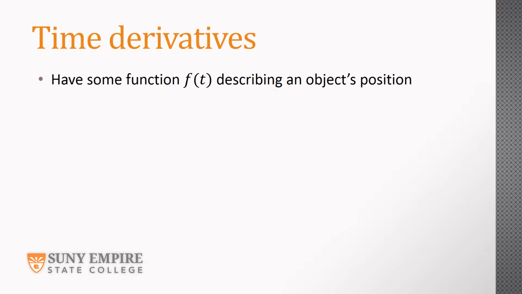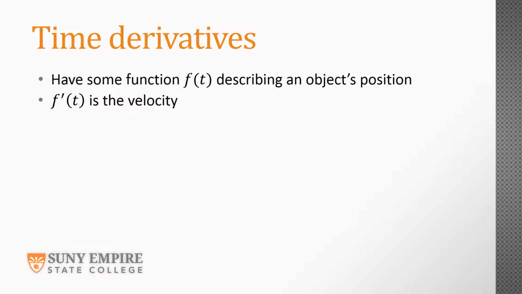In the previous resource, one of the topics we discussed was higher-order derivatives, specifically the second derivative. In the real world, these derivatives are correlated to movement of objects. Consider some function f of t that describes the position of an object as a function of time.